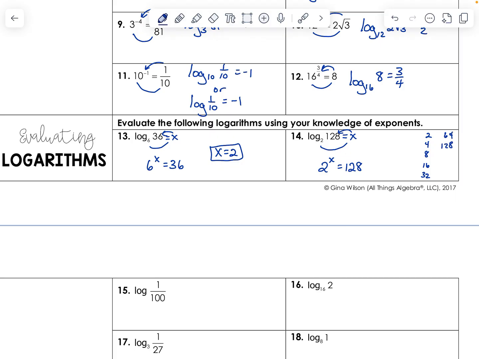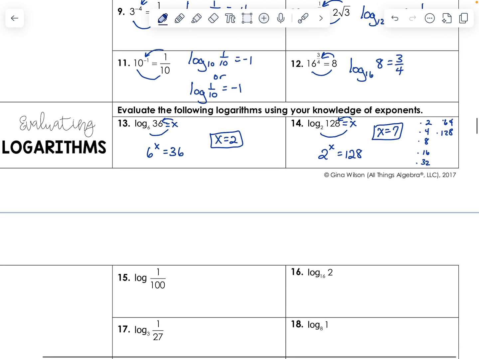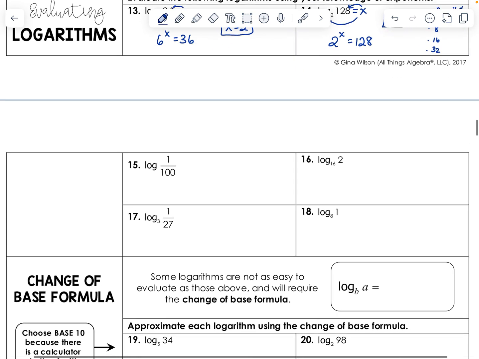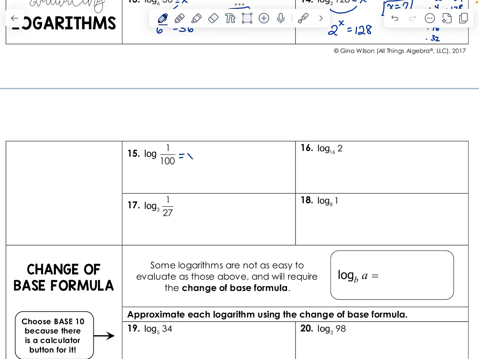So 2 to the first, second, third, fourth, fifth, sixth, seventh equals 128. And we just keep going with these. I can set this equal to x. There's no base here, so again, that's understood to be a 10. So 10 to the x power equals 1 over 100. That's going to be -2.